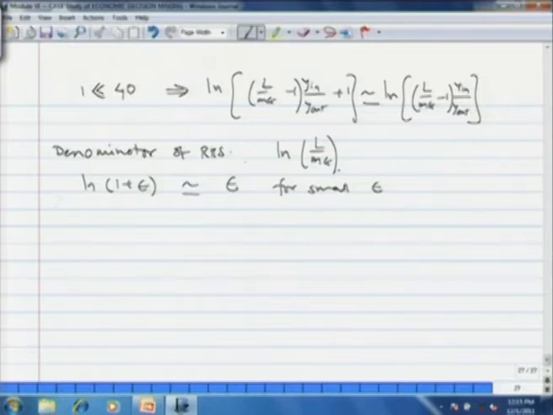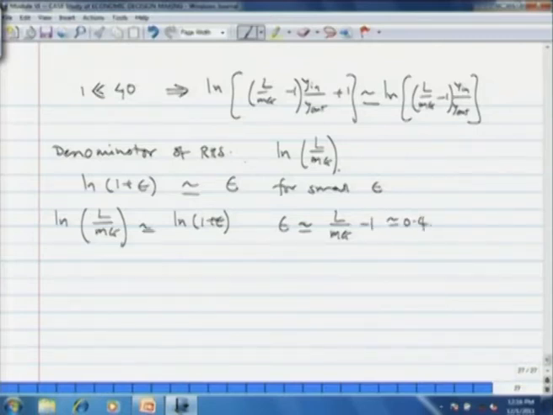Okay. So, we can write an equivalent as ln L by mg equal to ln 1 plus epsilon, where epsilon is equal to L by mg minus 1, which is equal to 0.4, and then ln L by mg is approximately equal to 0.4.